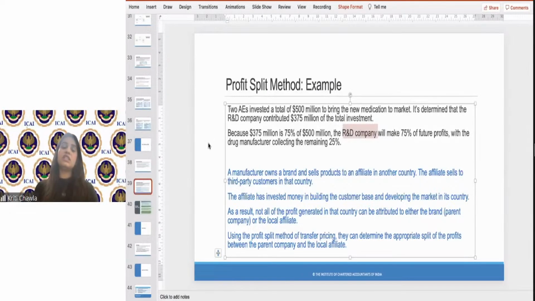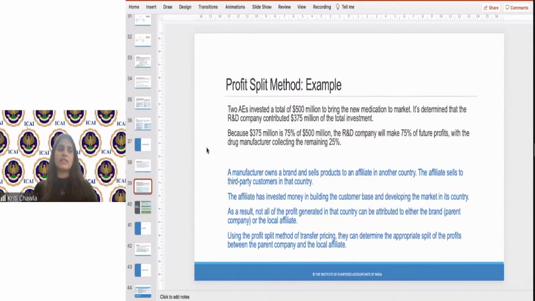So whenever there are intangible assets involved, the method to be used is the profit split method. It's very difficult to find out at what percentage they will be split. That is why it is the most complex method out of all the methods, and the least used, because practically everyone wants to use CUP or TNMM, etc.